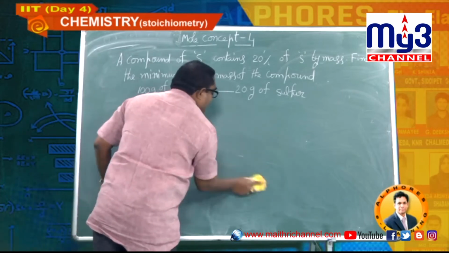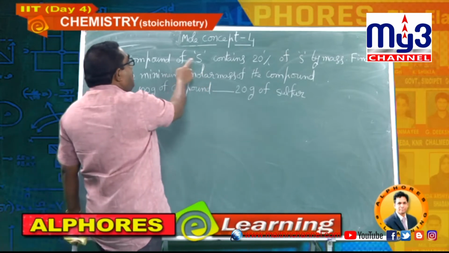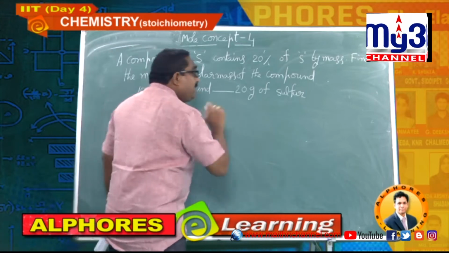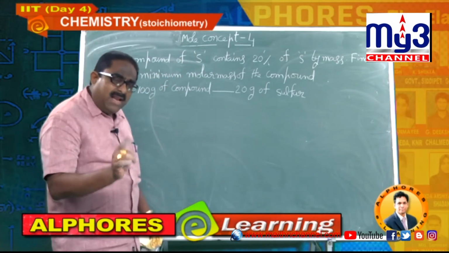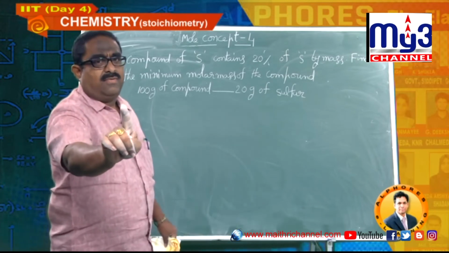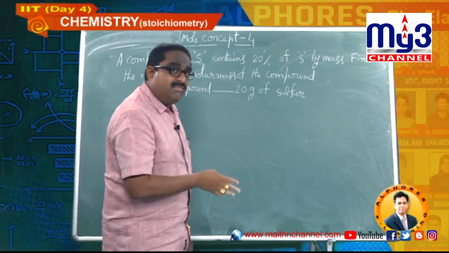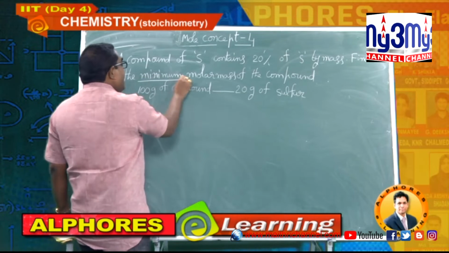Now come to our present question, students. A compound of sulfur contains 20% sulfur by mass. I have already written. Now, that formula at least should contain 1 sulfur. Of course, it may contain 2 sulfurs or 3 sulfurs or 4 sulfurs. But he is asking for what?